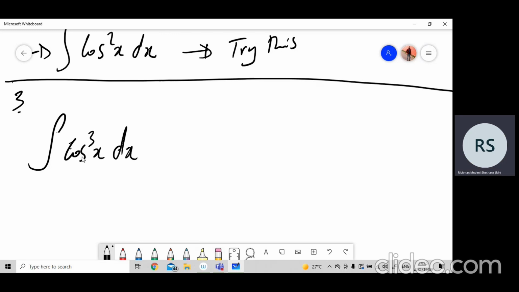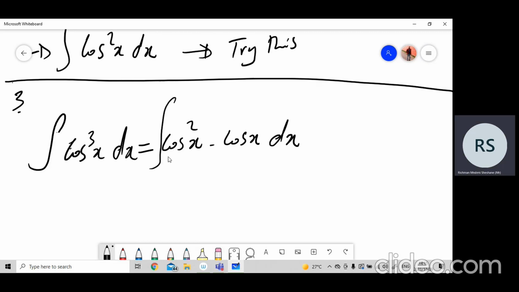Again, we don't have a standard form to integrate this. So we need to do something that will help us to evaluate this integral. So when you have sine and cos to the power of 3, you split one function. If it's cos, you're just going to split one cos here. Cos x, split one cos.